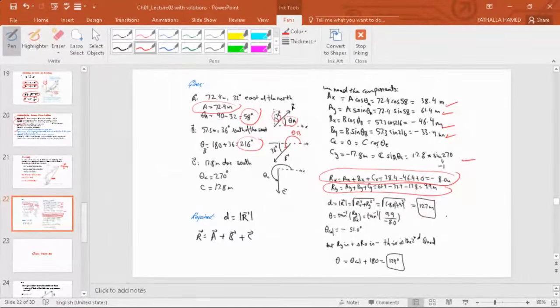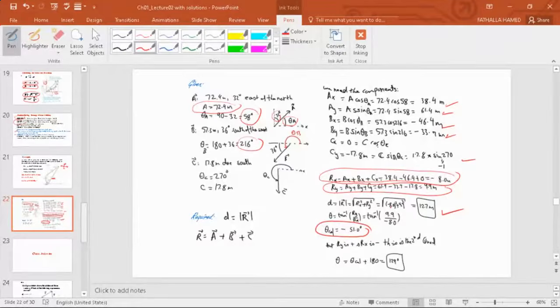Once you do that, you can figure out the magnitude of your vector, which is the square root of rx squared plus ry squared. And when it comes to your angle, you use your definition, which is tan inverse of ry over rx. The ry is 9.9, the rx is -8, and it gives you -51 degrees. That's your calculated angle. But you know your x is negative, your y is positive.